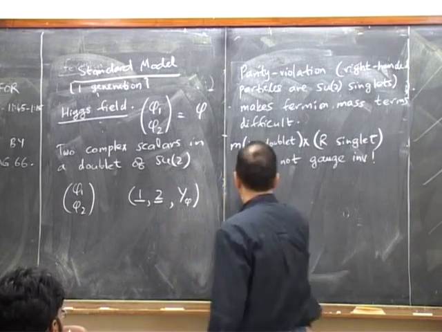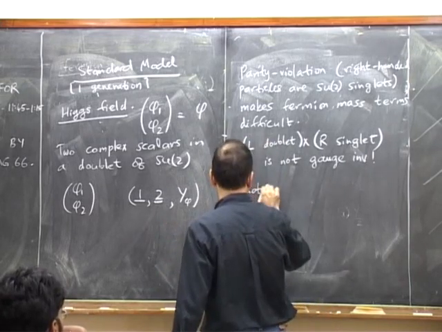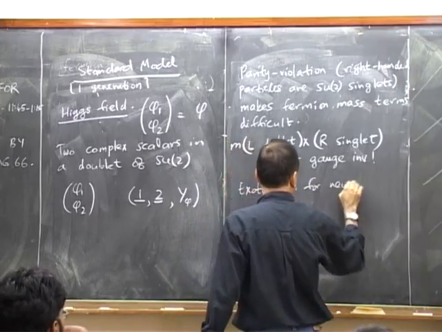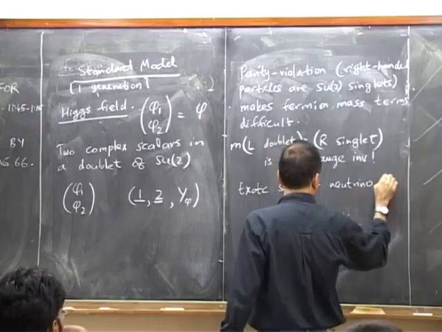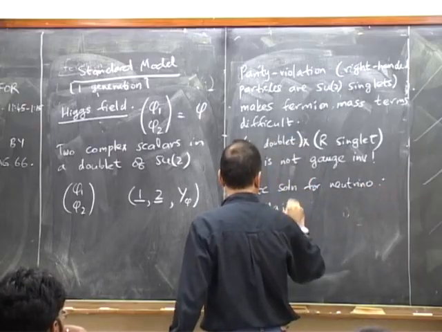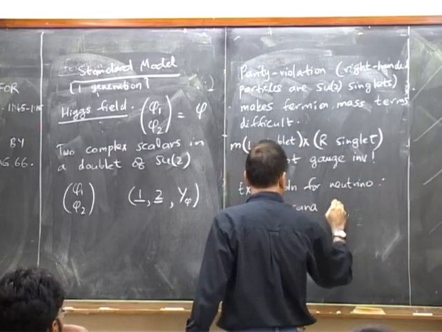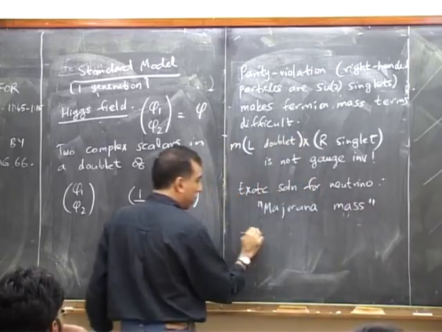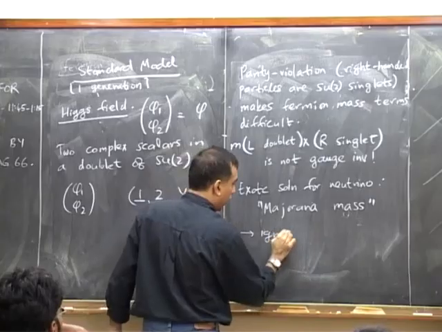There is an exotic solution, but valid only for the neutrino, the so-called Majorana mass. But I have a feeling we are going to be discussing neutrino masses later in this course, so we'll ignore it for now.